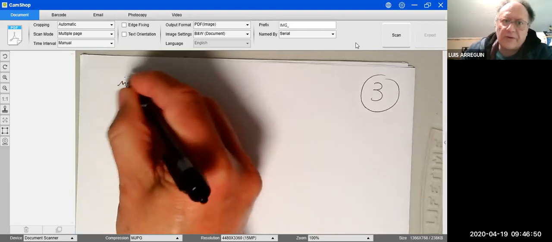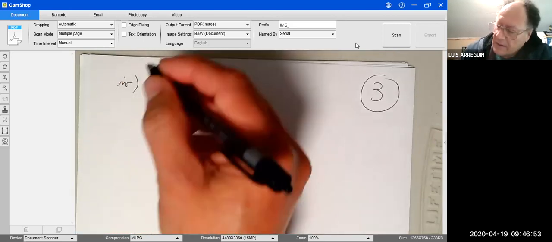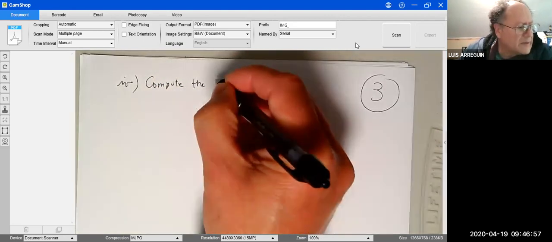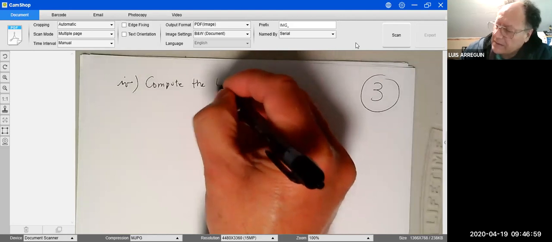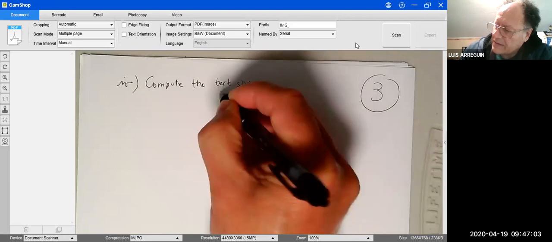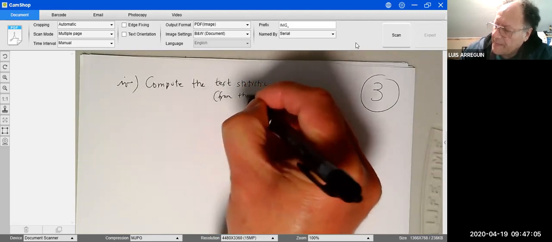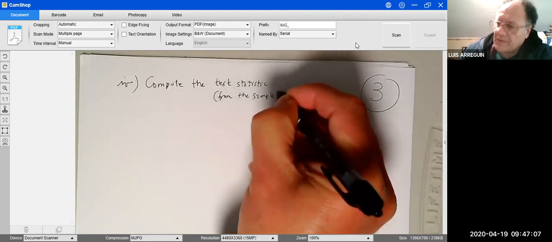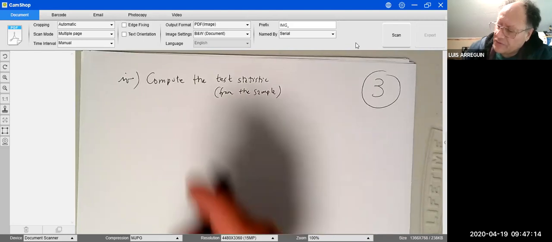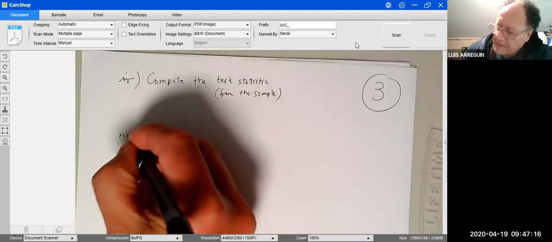So step number 4 is you're going to compute the test statistic from the sample. It's the sample statistic, and that's the one that you're going to use to make your decisions. Again, I'm going to repeat many things, and this is good for you.